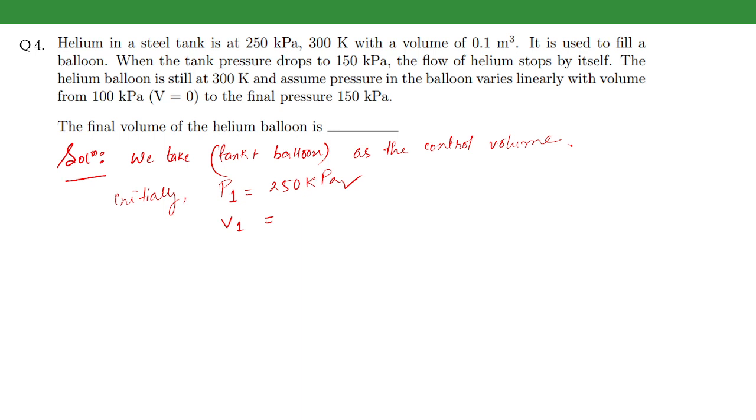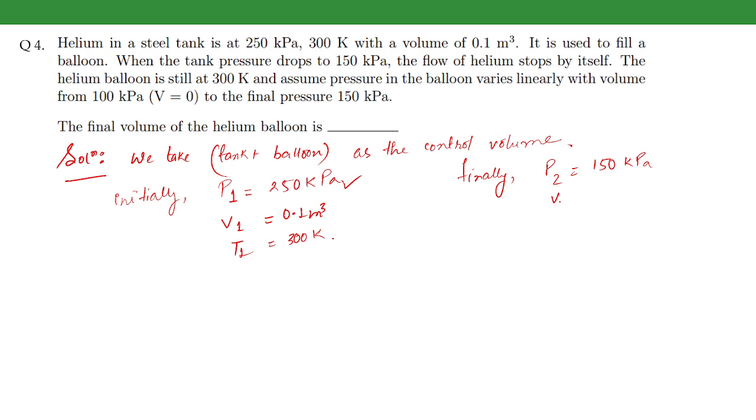Initial volume is 0.1 meter cube, since the balloon has no volume at this point, and the temperature is 300 Kelvin. Finally, the helium is at a pressure of 150 kilopascal. How? Because inside the balloon and inside the tank the pressure becomes 150 kilopascal.